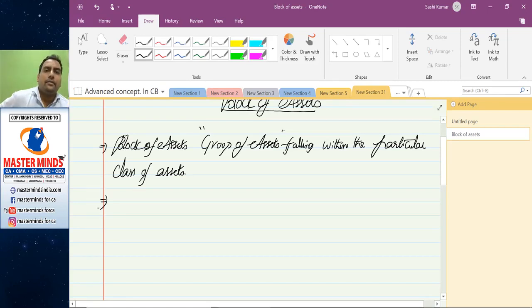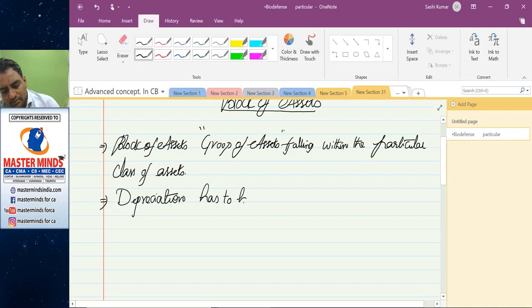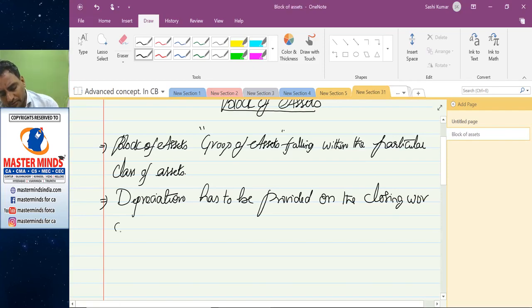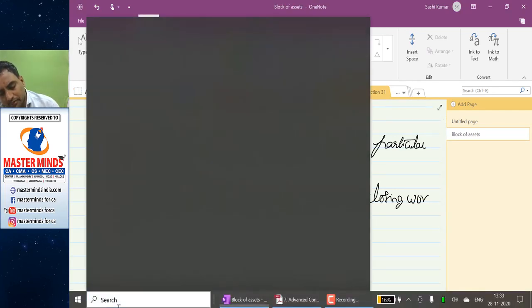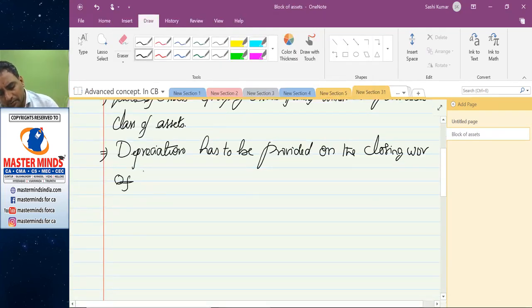Next, once you decide your block, then you have to provide depreciation. Depreciation has to be provided on the closing WDV of the block.